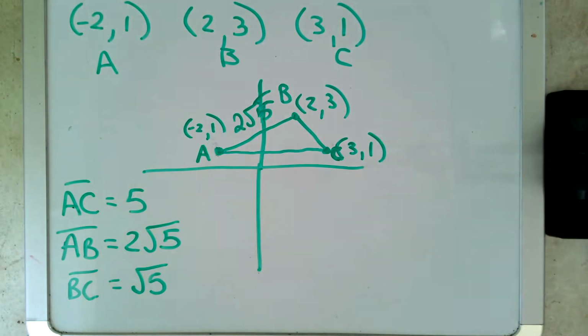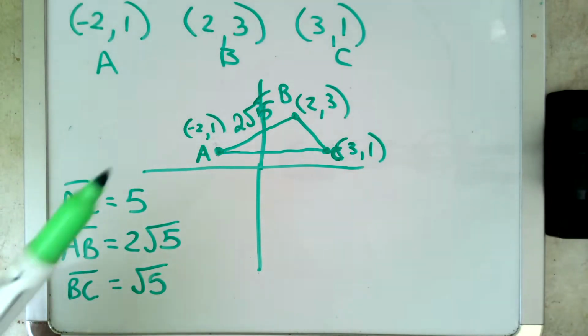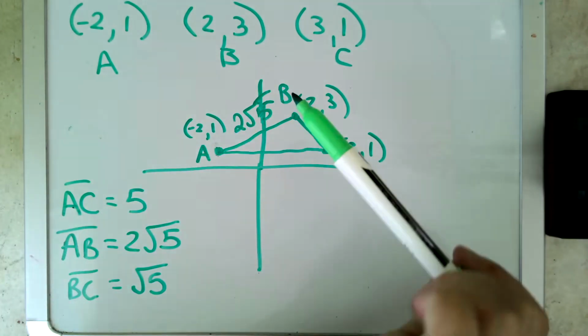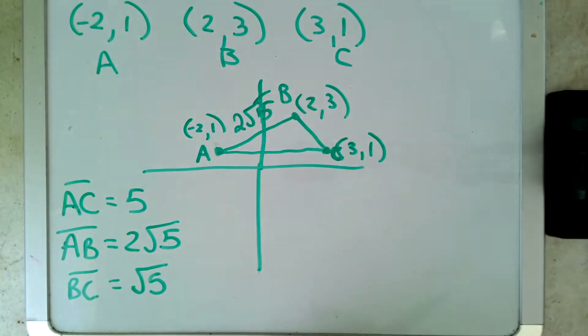So there are a couple methods that you could use to find if it's a right triangle. I could find the slope of these 2 lines and see if they are negative reciprocals of each other. That would tell me there's a right angle. Or I could do the Pythagorean theorem and see if it works out. That's the method I'm going to do.